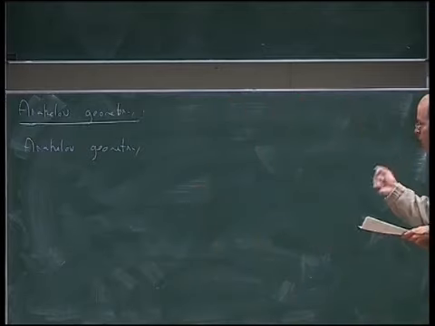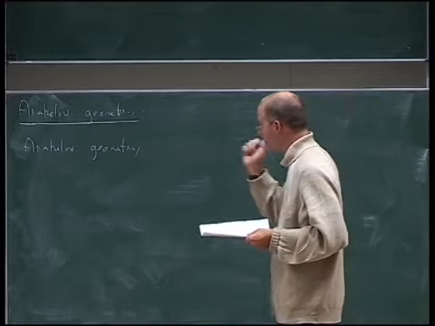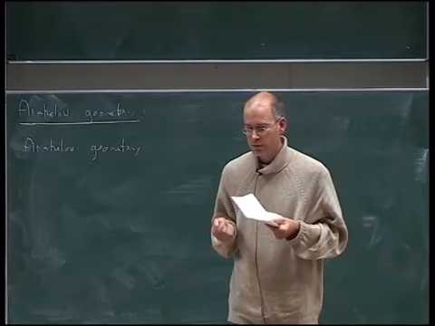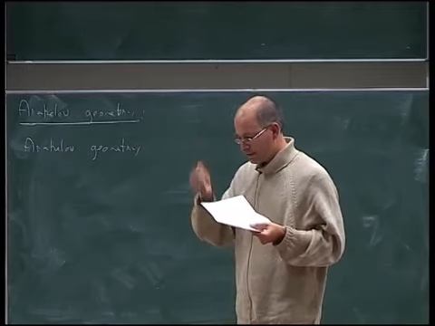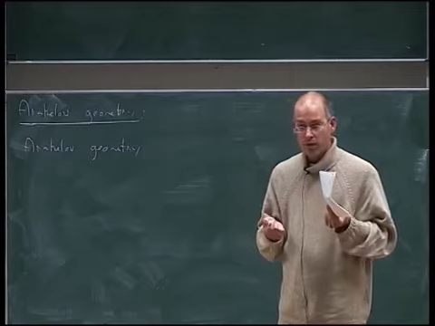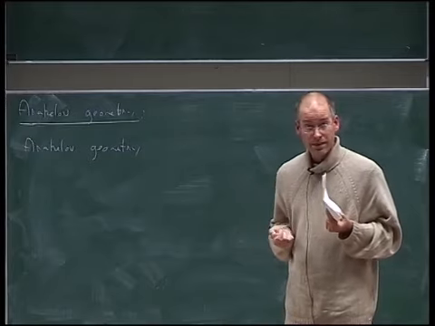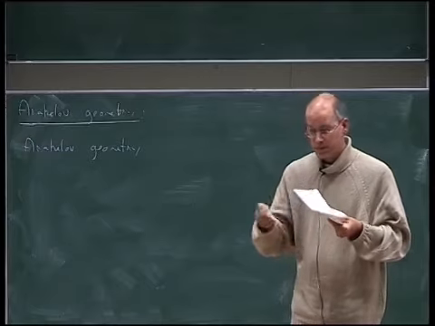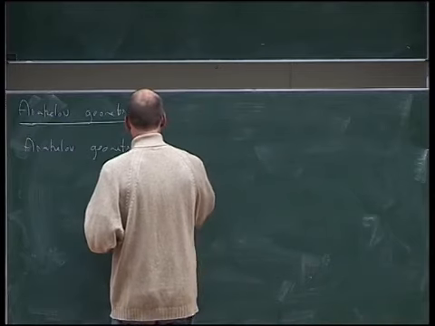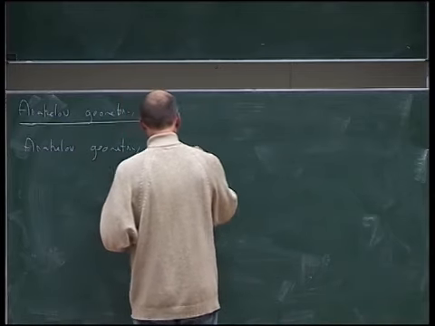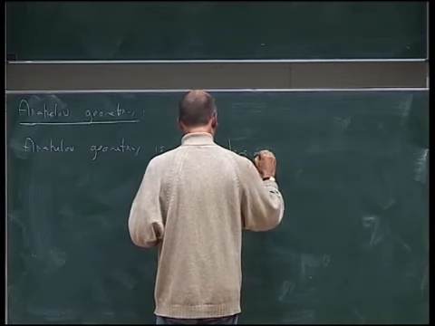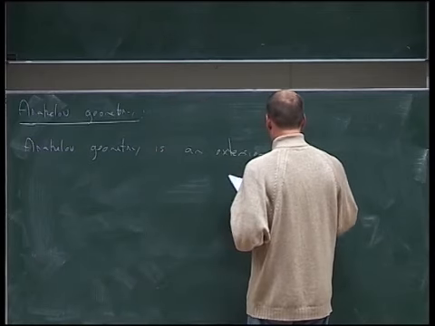And Arakelov geometry tries to track down every instance of this compatibility. It tries to really understand the Archimedean valuations as if they were fibers of a scheme over Z. So it's an extension of scheme theoretic algebraic geometry.